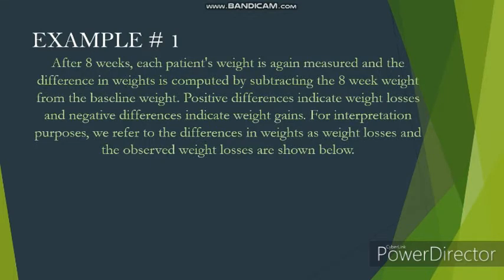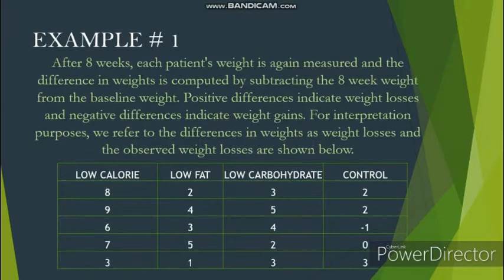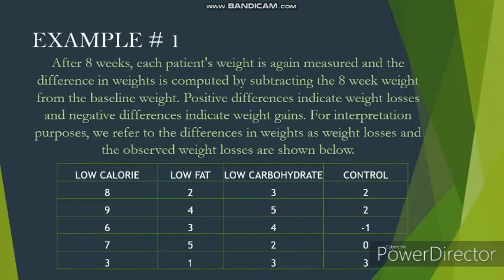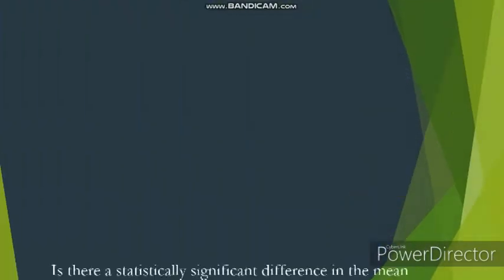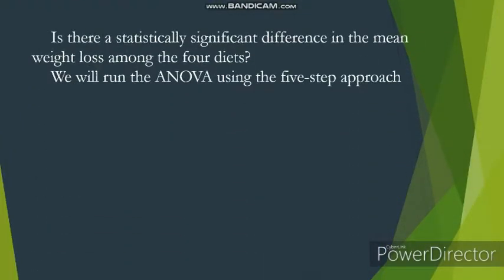After 8 weeks, each patient's weight is again measured and the difference in weights is computed by subtracting the 8 weeks weight from the baseline weight. Positive differences indicate weight losses and negative differences indicate weight gains. For interpretation purposes, we refer to the differences in weights as weight losses and the observed weights are shown below.